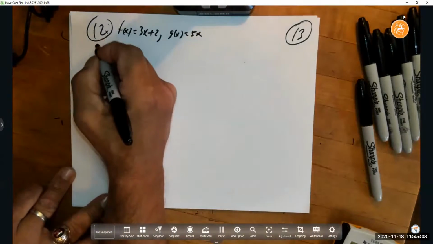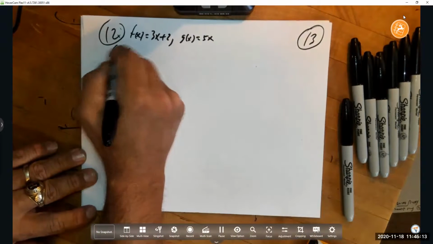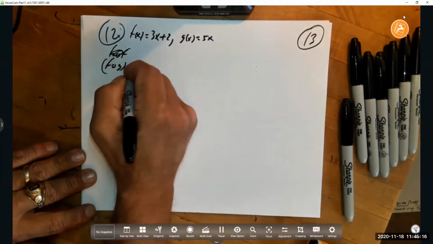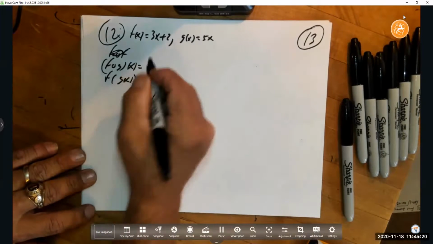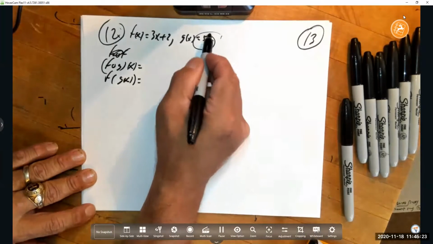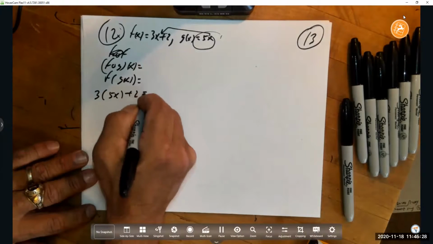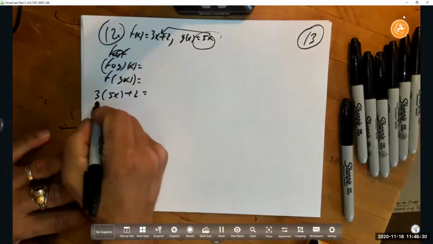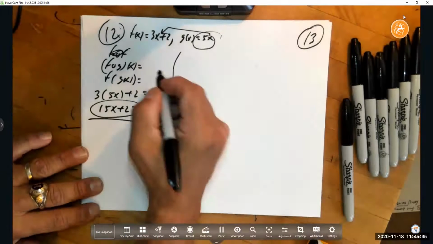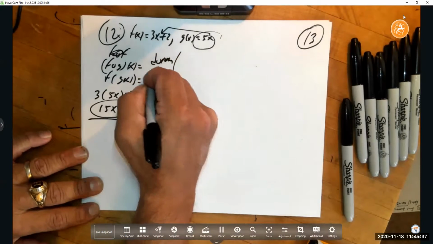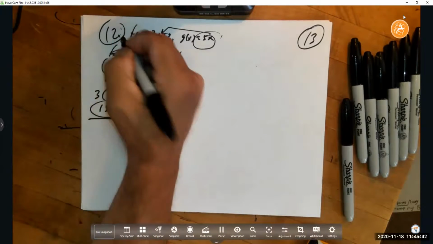Let's find f circle g of x, which means f of g of x, which means put this one inside there. 3 times 5x plus 2. That one goes in there. It's going to be 15x plus 2. That's the end of it. And domain is negative infinity to infinity again. For that one, this is 12A.